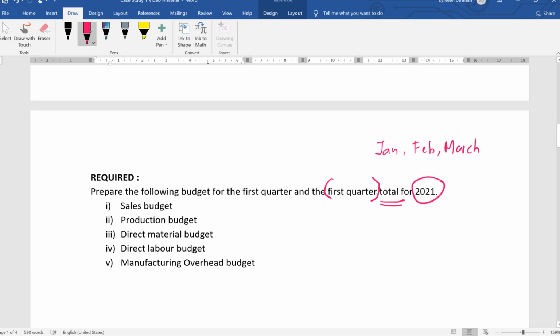So we want to prepare all these operating budgets. You will start with the sales budget, then your production budget, your direct material budget, then your direct labor budget, and last but not least your manufacturing overhead budget.